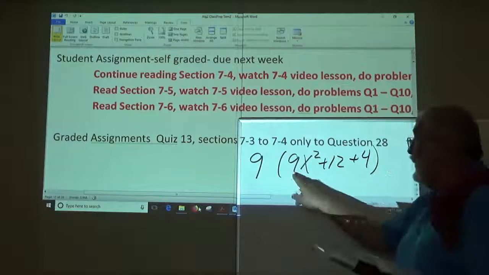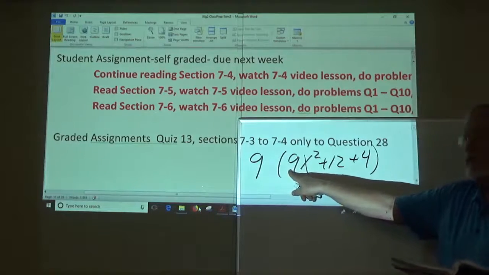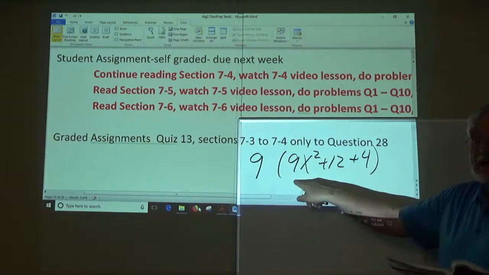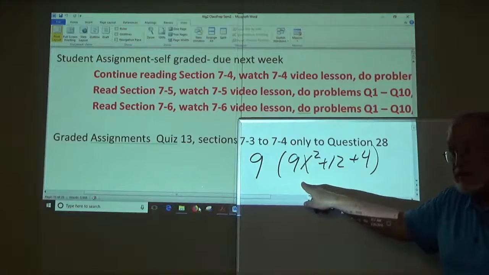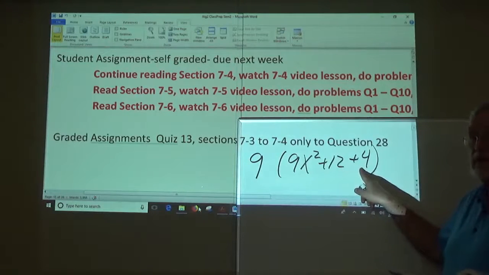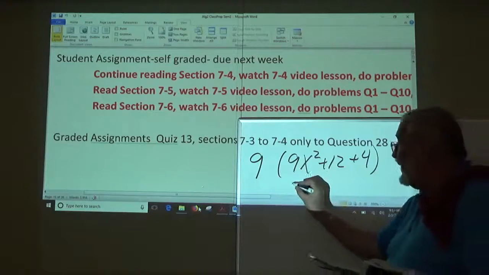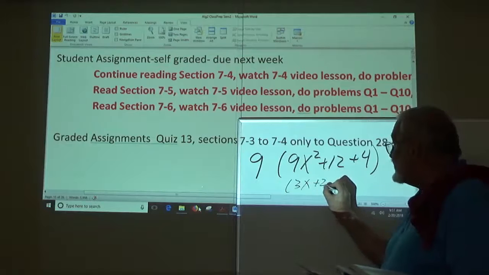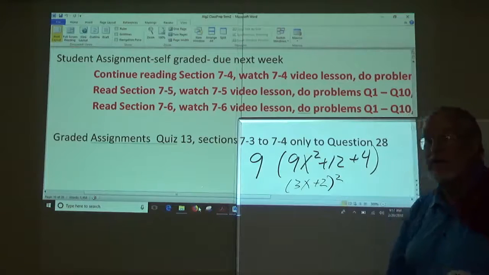All right, what do you see here? Do you see a perfect square? 9 and x squared are perfect squares, yes? Yes. Okay, what about this? Perfect square. So, let's see whether or not this is 3x plus 2 quantity squared.